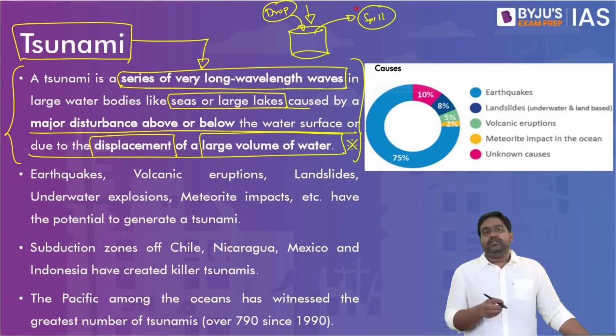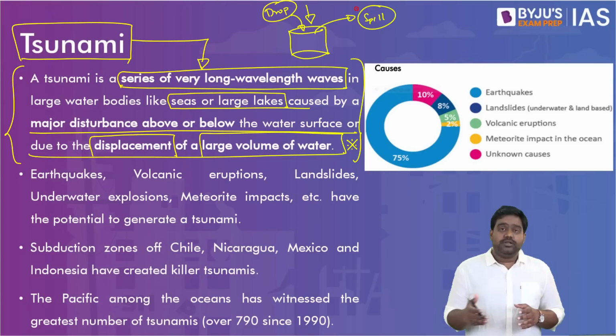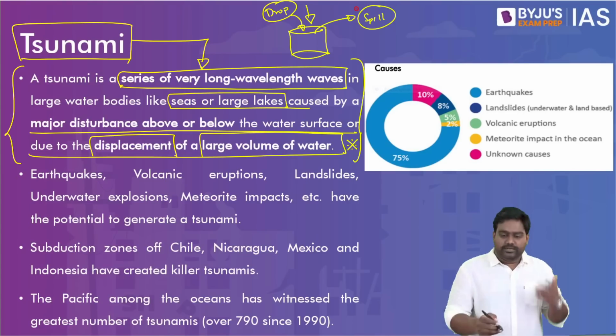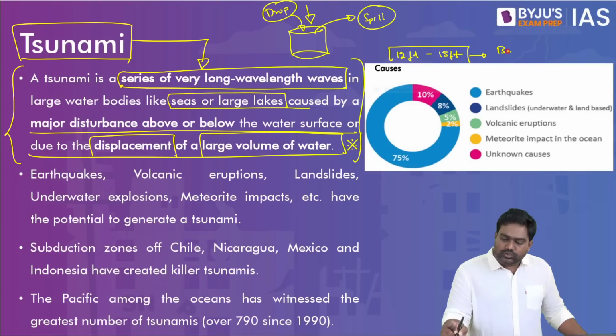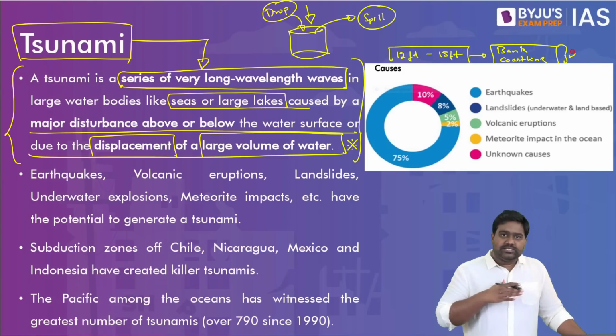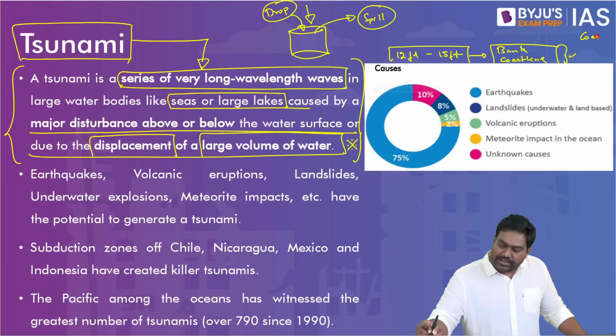So essentially, tsunami is a series of long wavelength waves generated in these water bodies that gains tremendous height. They can reach 12, 15 feet in height when they get closer to the bank and the coastline. And when they strike the coastline or the banks, they can cause extensive damage along the coastline and also trigger coastal flooding.